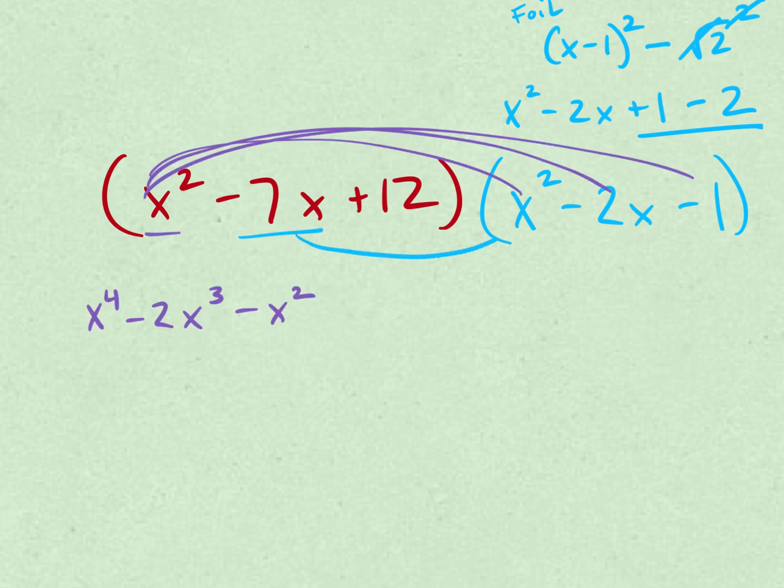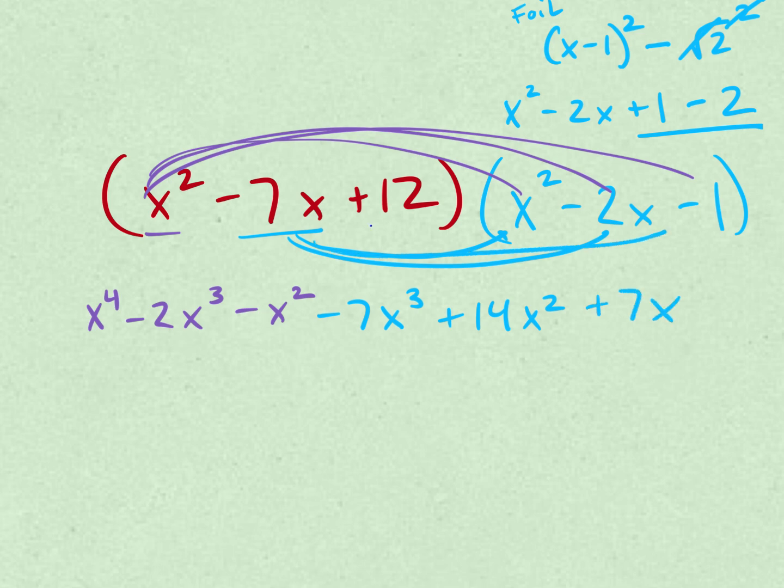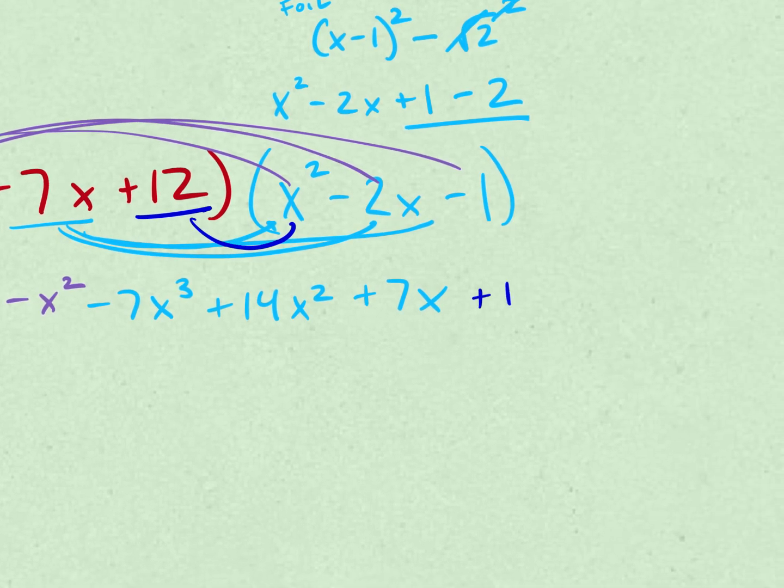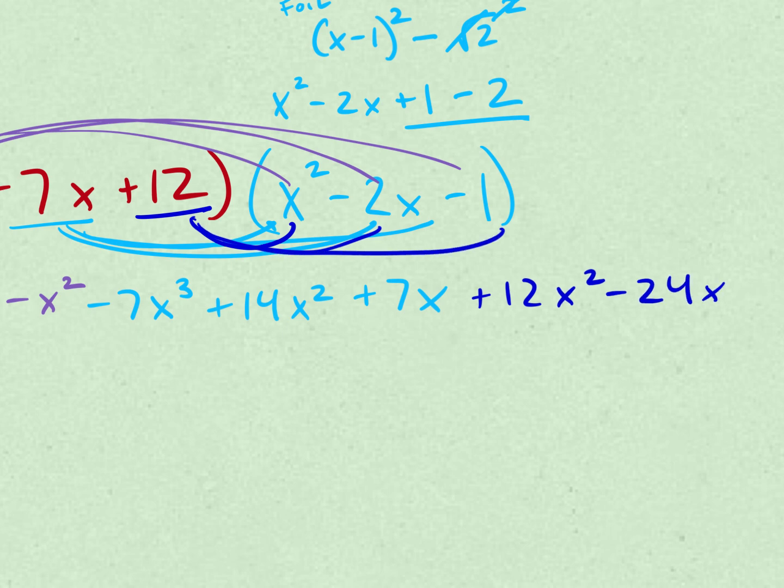Then negative 7x times x squared would be negative 7x cubed plus 14x squared plus 7x. And then 12 times x squared would be 12x squared minus 24x minus 12.